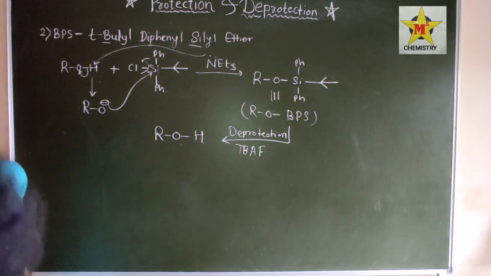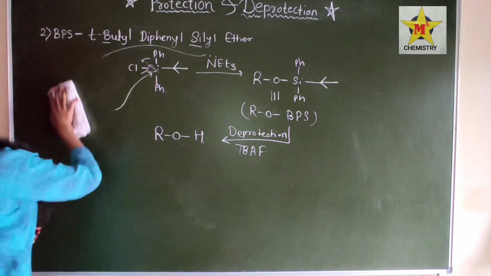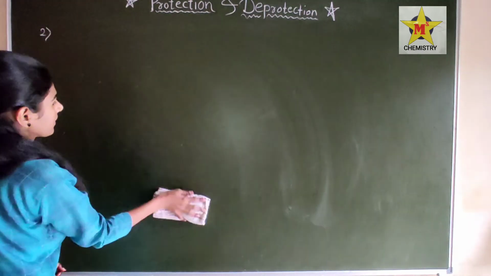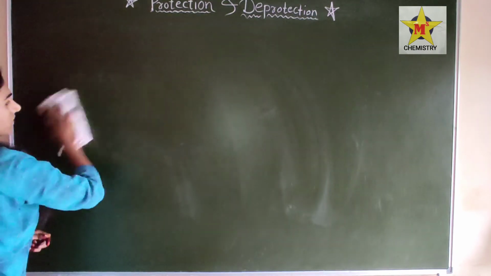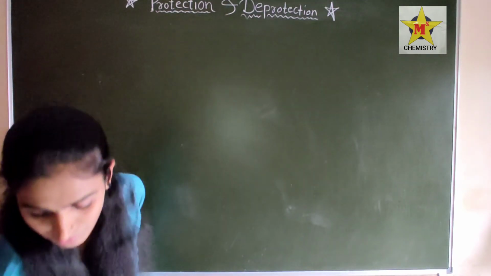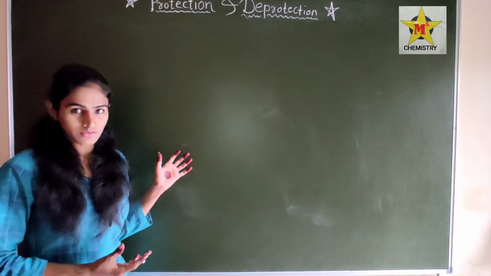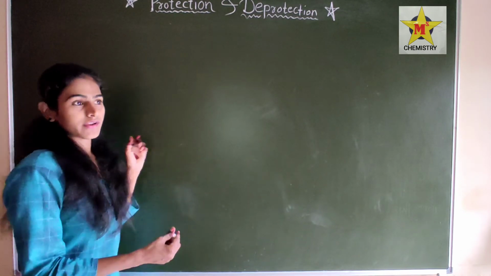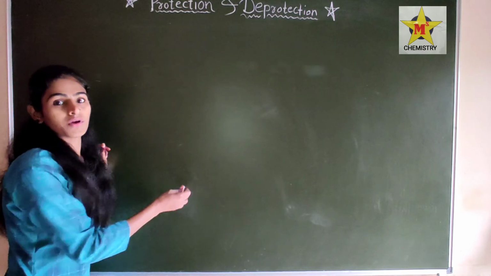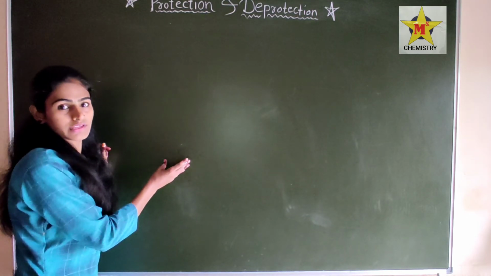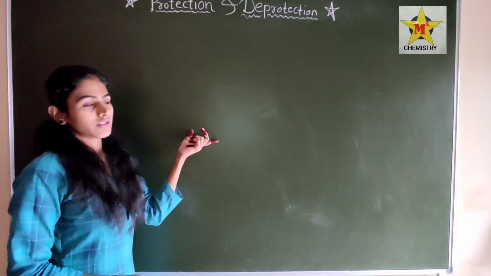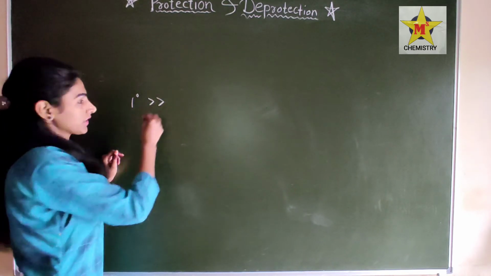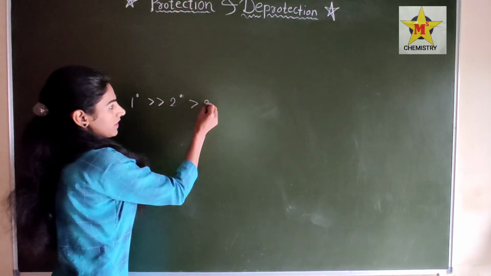Now the third one is DIPS. When we protect any functional group with a bulkier group, like if we protect alcohol with a bulkier protecting group such as tertiary butyl, diphenyl rings, or diisopropyl, then there is a selectivity: primary is selectively protected over secondary and then tertiary.